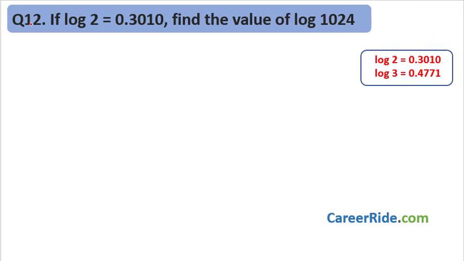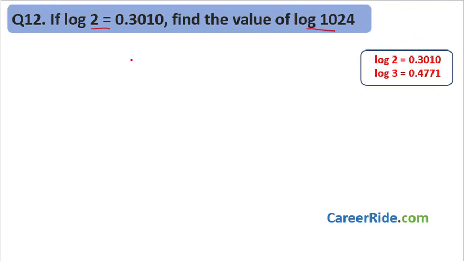Okay, now the next variety of questions that you will find in this chapter would be if log 2 is equal to 0.3010. The value of log 2 is given to you here. You will be required to find the value of log 1024. See, these questions may look difficult to you because 1024 might seem to be a big number to solve, but these questions are extremely easy to solve.